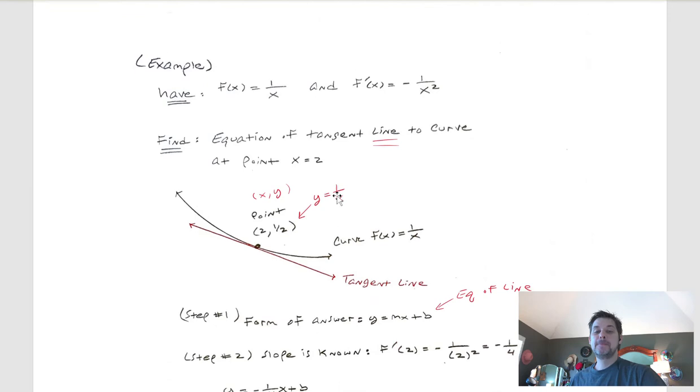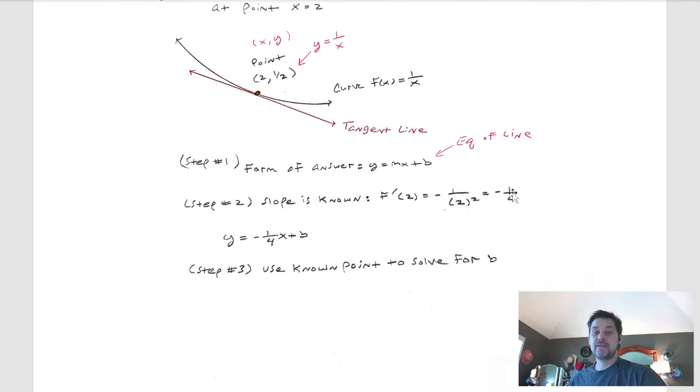Okay, so the slope is negative 1 over 4. So as a partial answer, this is not totally done, but I'm halfway there. The answer must be y equals negative 1/4 x plus b, where I don't know the b, and now I'm going to find the b.